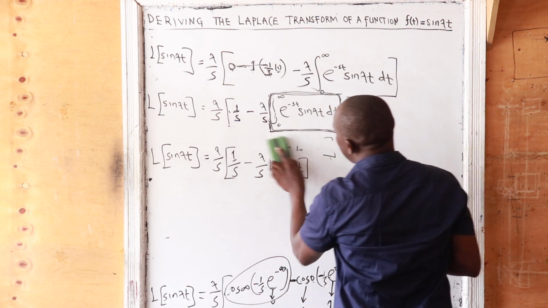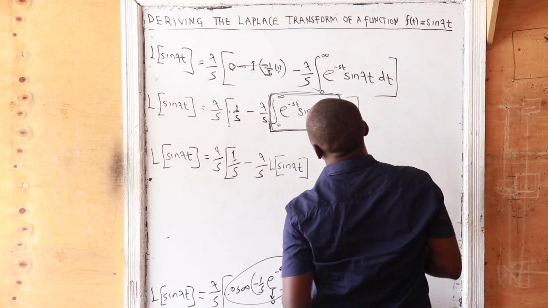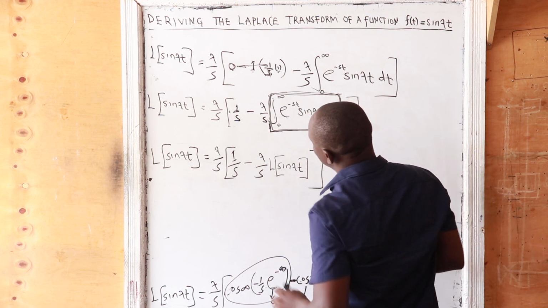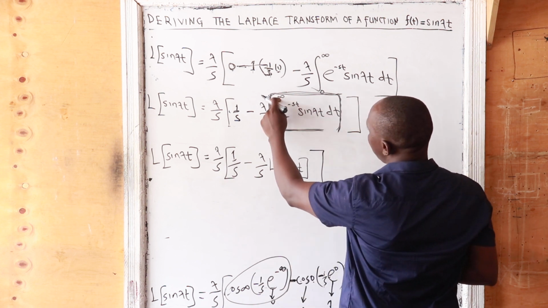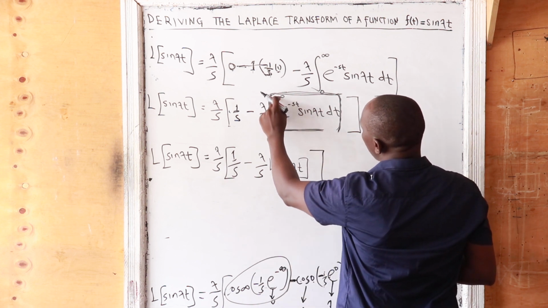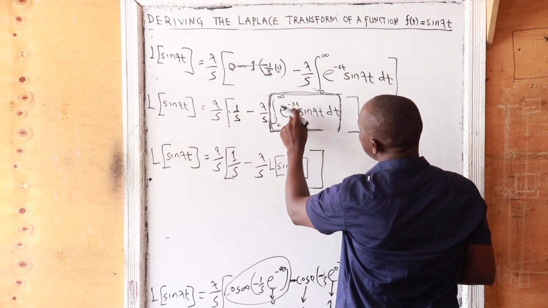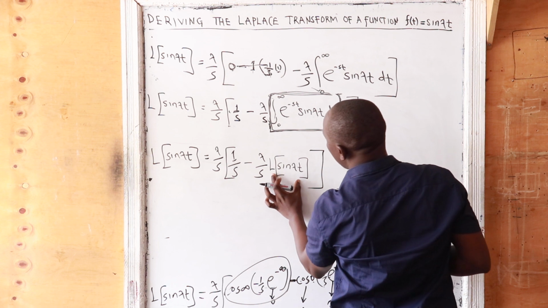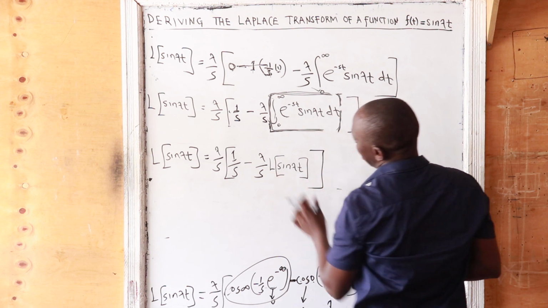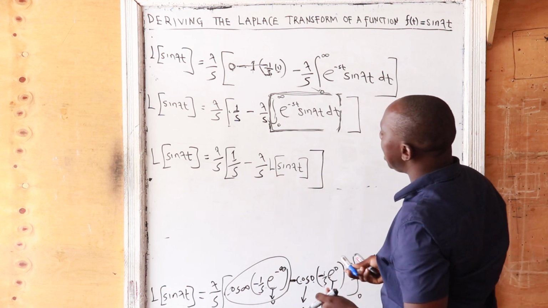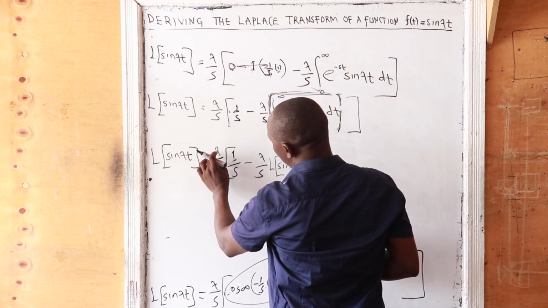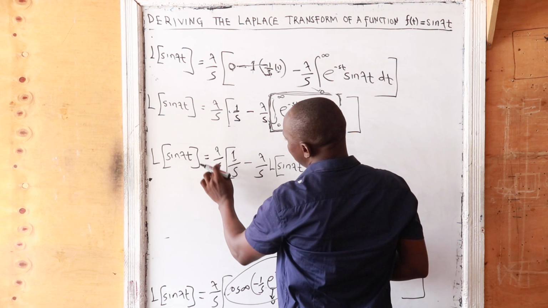So after getting that, we have remained with this. We have said that the integral from infinity to 0 of exponential minus st sine lambda t dt defines the Laplace transform of sine lambda t. I want you to understand that. Now, let's start opening the bracket, where we multiply everything by lambda over s.